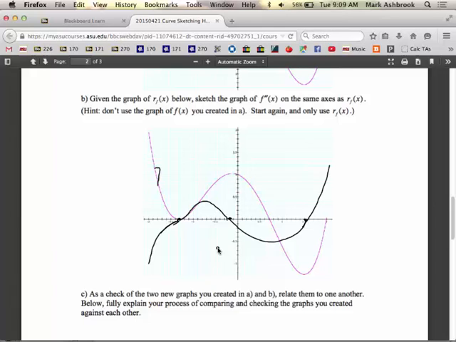C, please. Oh, C. Well, I can't do C because I don't have them both showing. But the idea is that this is the second derivative that I'm comparing to. Well, let's see if I can do it fast.